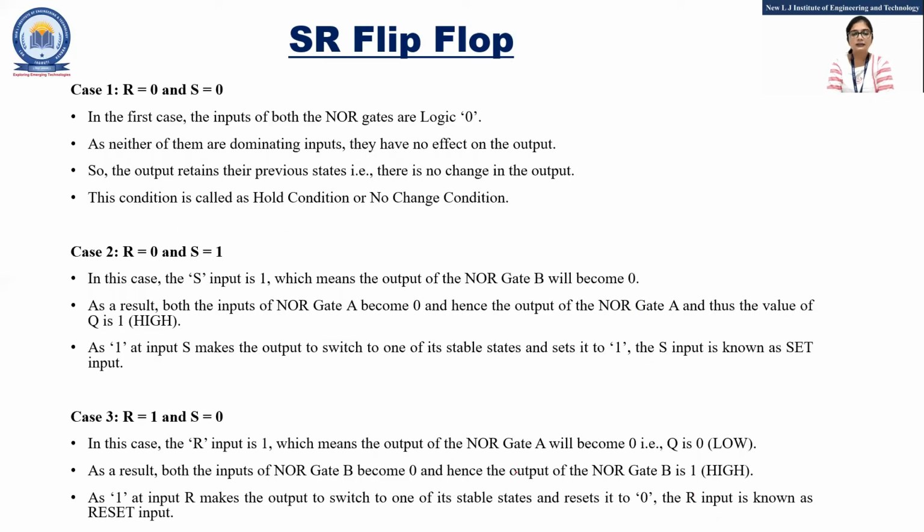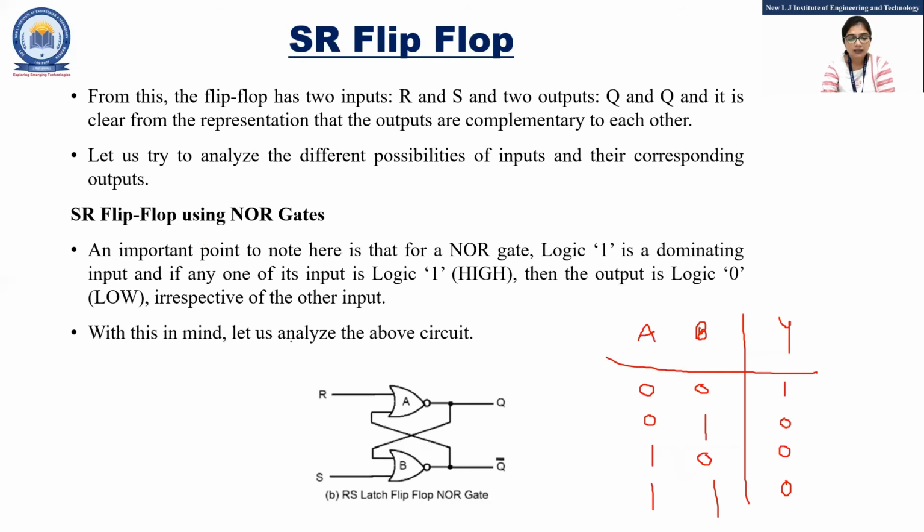Fine. In the next case, that is R is equal to 0 and S is equal to 1. Here we are applying R is equal to 0. So here, second case, R is equal to 0, S is equal to 1.